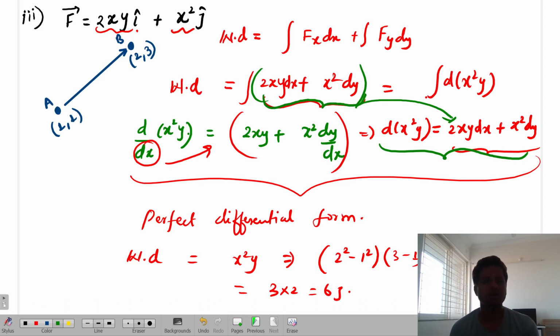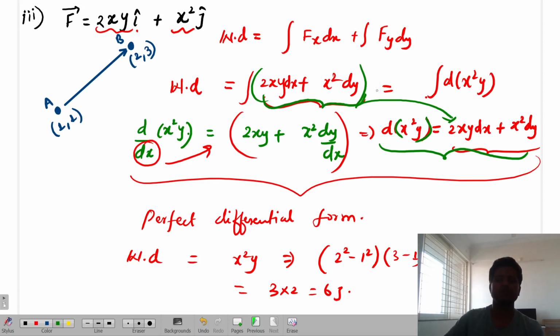Whenever you have the components dx and dy at the same instant, and with the dx there is another variable y, and with the dy there is another variable x, then there is a chance that it can be represented in terms of a single-variable equation, which can be written as d of x square y or d of x square y square, or some such equation can be formed. Are you able to get me or not?